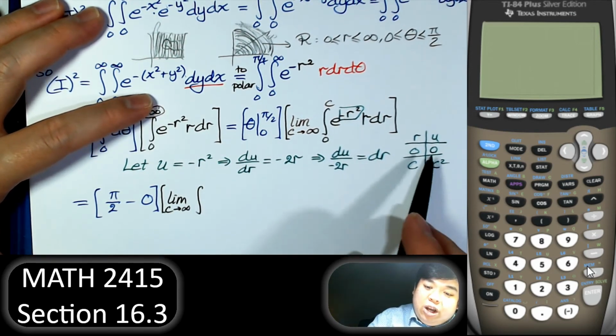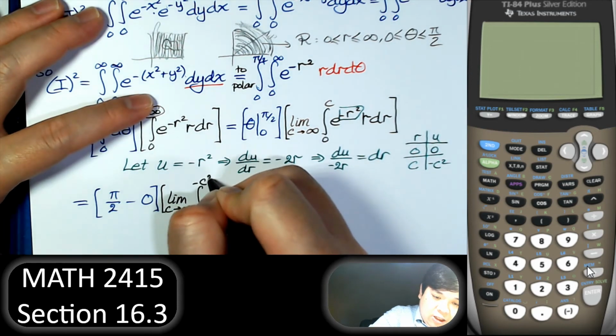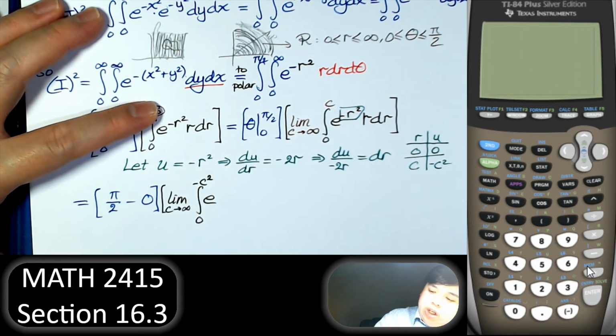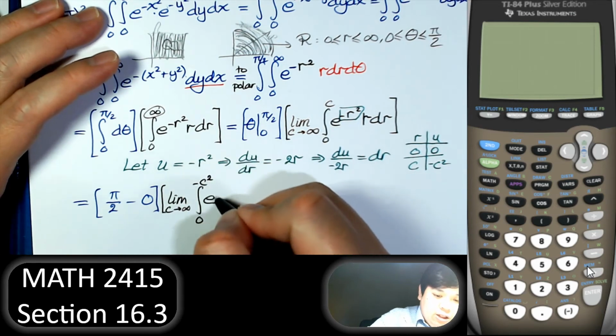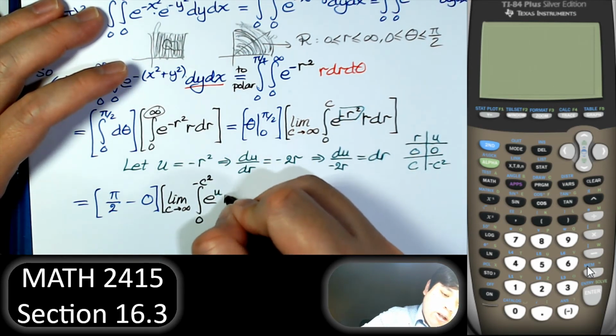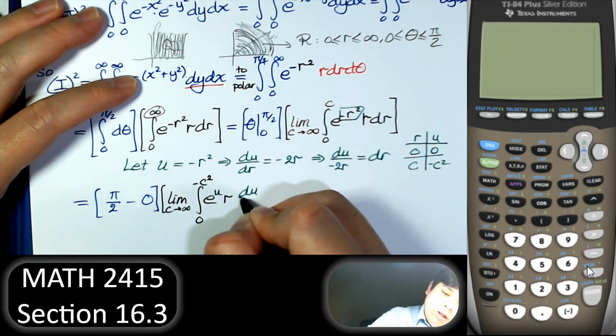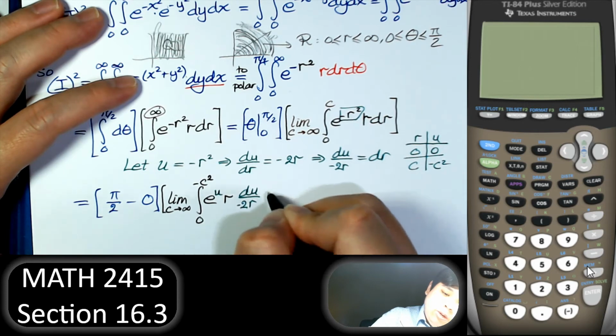The limit now will change from 0 to negative c squared, e to the u, and dr is du over negative 2r.